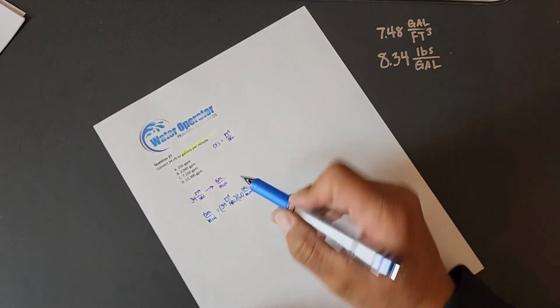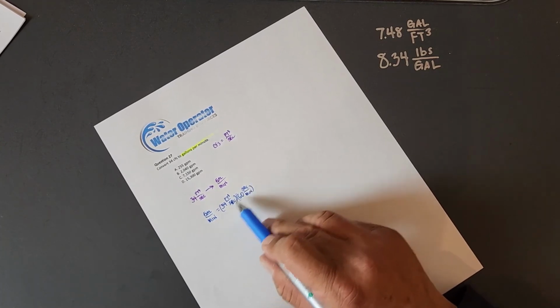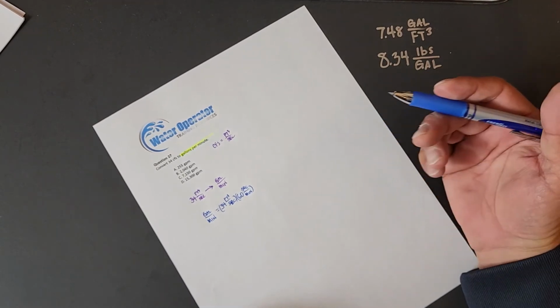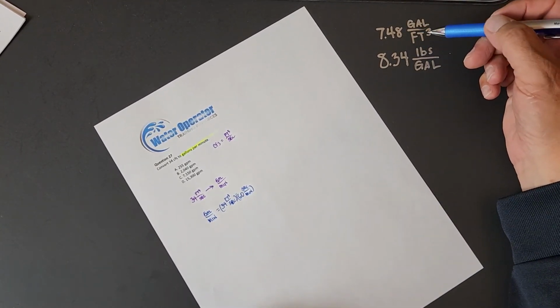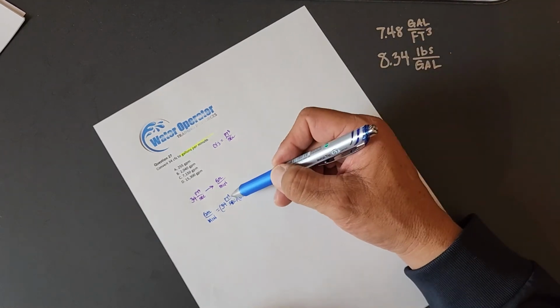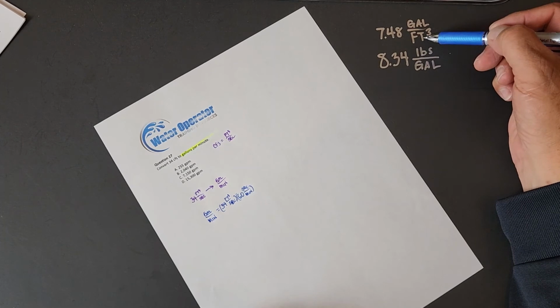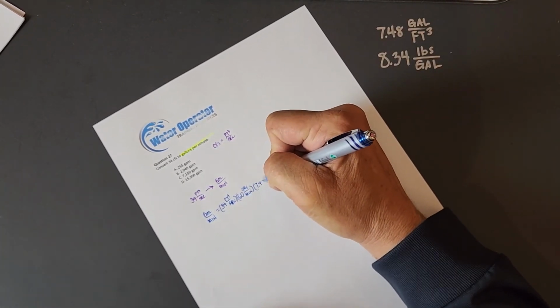You see what I'm saying there? I'll be able to cross cancel those out. Now I need to use 7.48 gallons per cubic foot. I have cubic foot above the division line here. In my conversion factor, it's below the division line, which means I multiply.